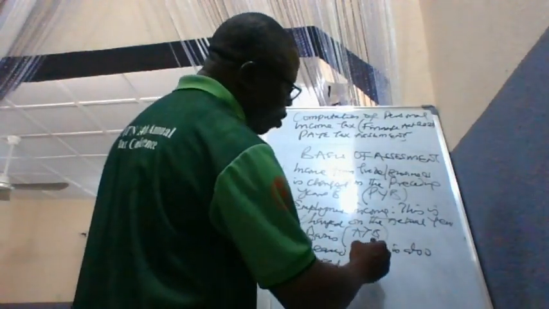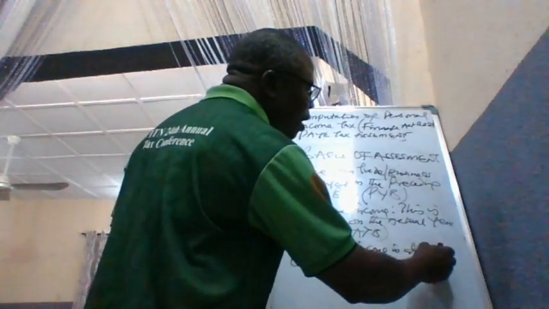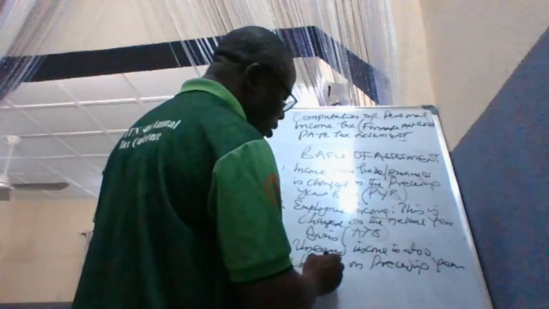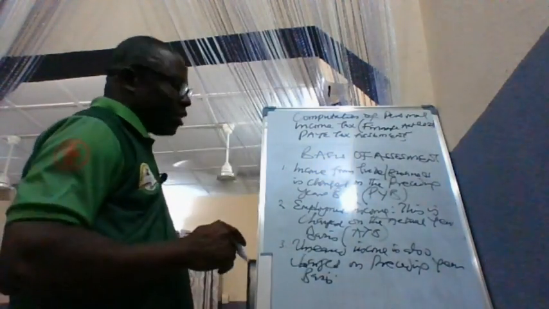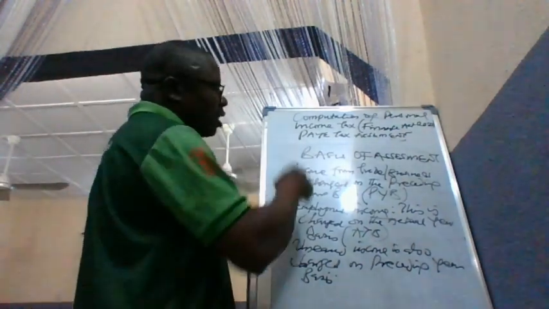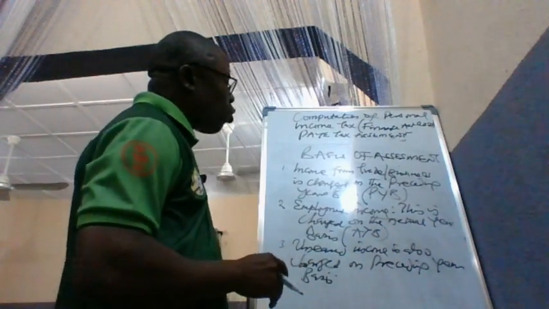So it's charged on preceding year basis. We need to understand this principle, because as we get to the computation of the rate tax, all this needs to be considered based on the laid down rules.